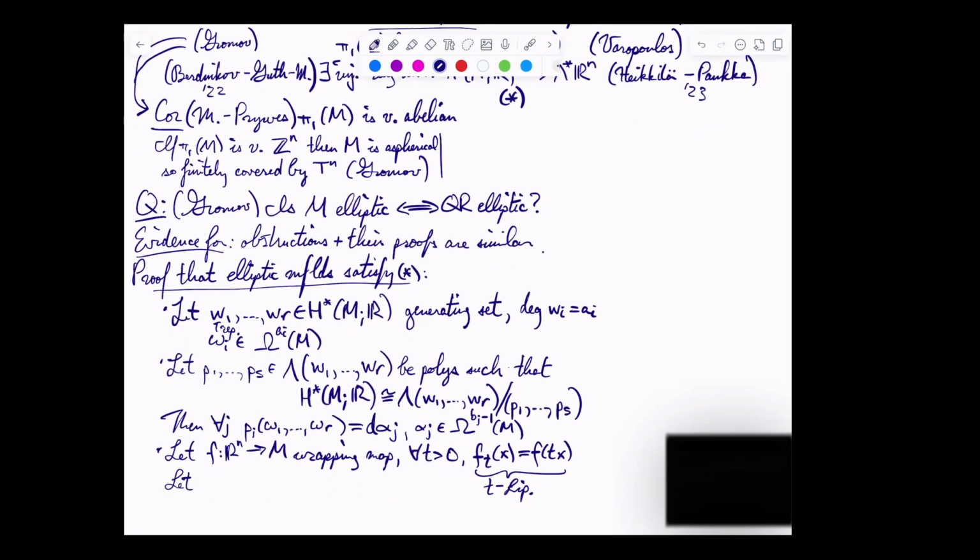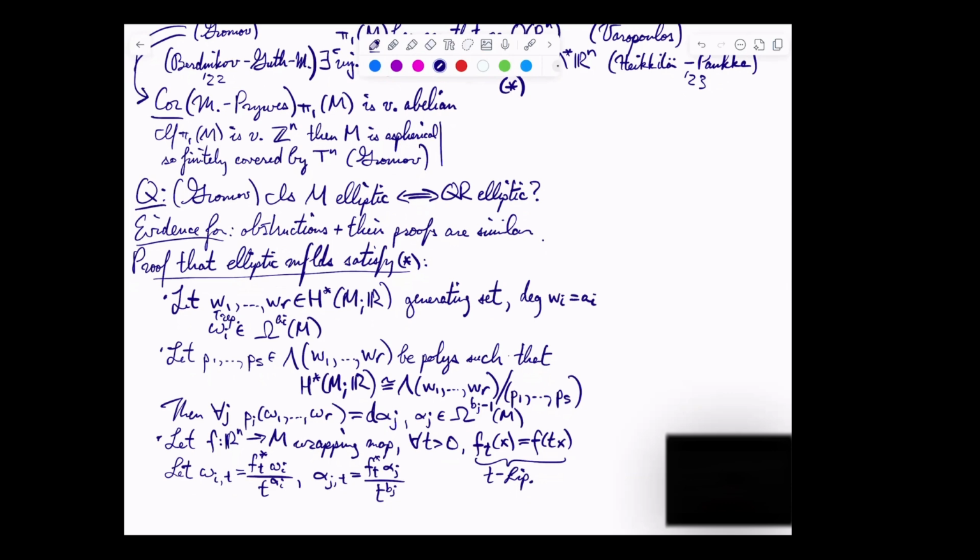And we take rescaled forms, rescaling them in such a way that they still satisfy all these relations, so that d alpha_{j,t} is still p_j of the omega_{i,t}.